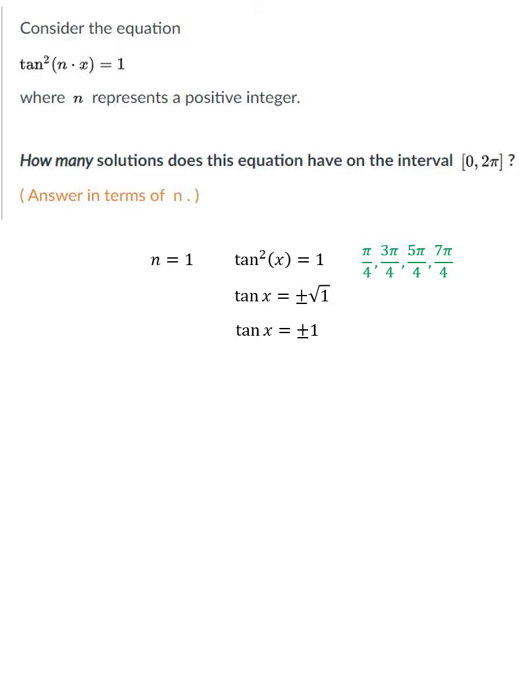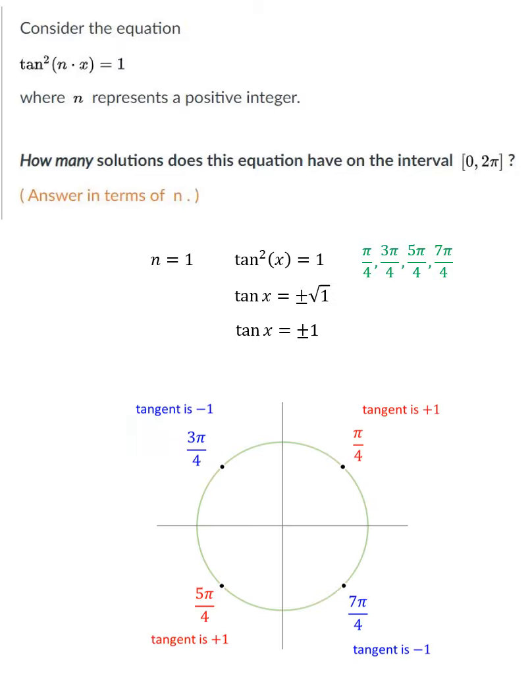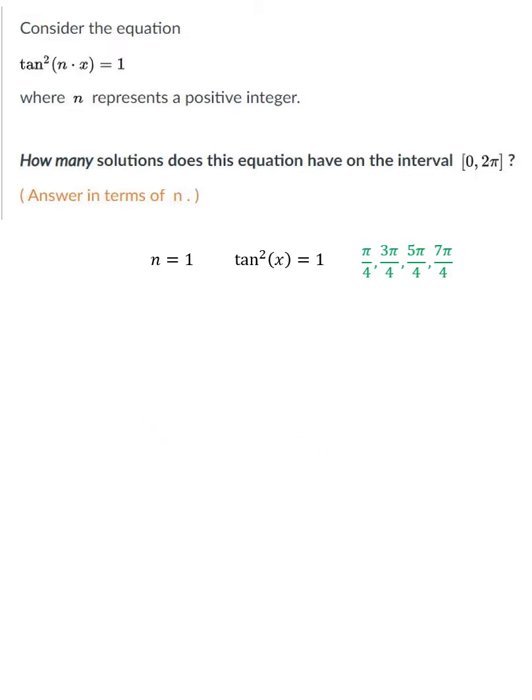So I thought about my unit circle, and I thought about the fact that there are 2 places, notice the red, 2 places where the tangent is positive 1, and notice the blue, there are 2 places where the tangent is negative 1. And those are the 4 places where the tangent is plus or minus 1, and hence those are the 4 solutions to the particular equation when n is 1.